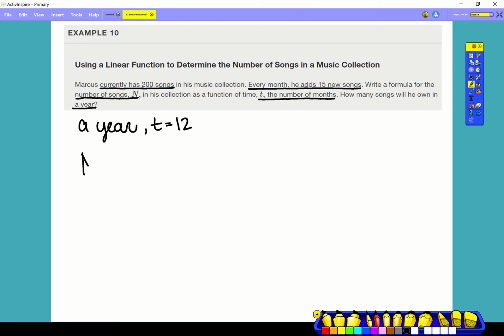So we know that we need something n of t. So when it comes to determining the initial value, that means the current value, the current amount. So it's 200. That's how many he has right now. Now, still for number 1, we need to determine the rate of change.